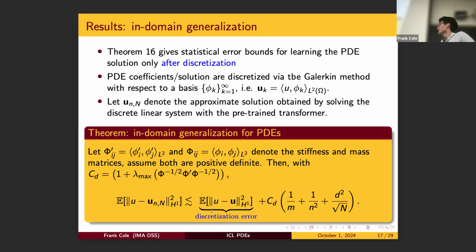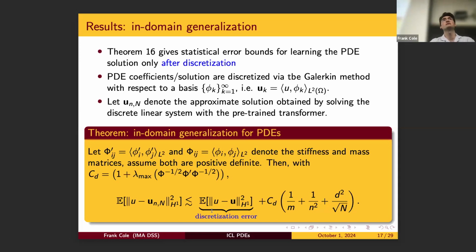So the first term will be too large if the number of coefficients is small, because you're not capturing the high frequency components of the solution. The second term will be large because you're learning a linear system with more components, so you need more examples, and if you're using the H1 norm as your metric, it's going to be even larger.